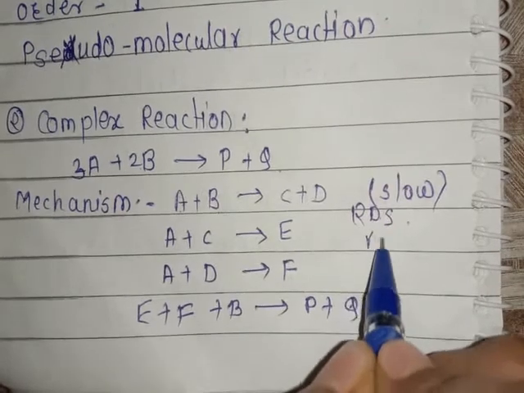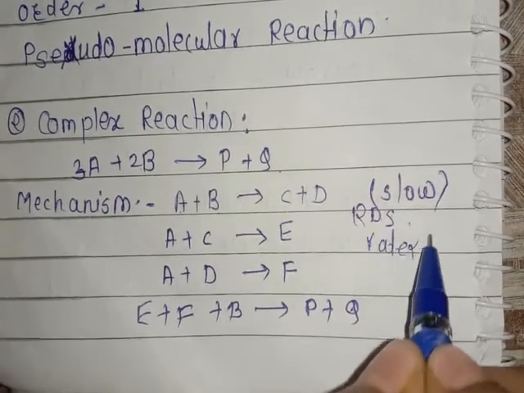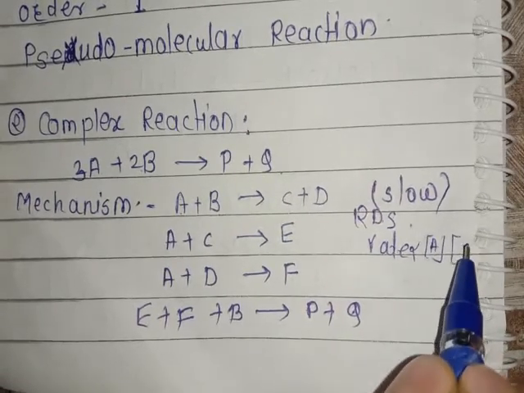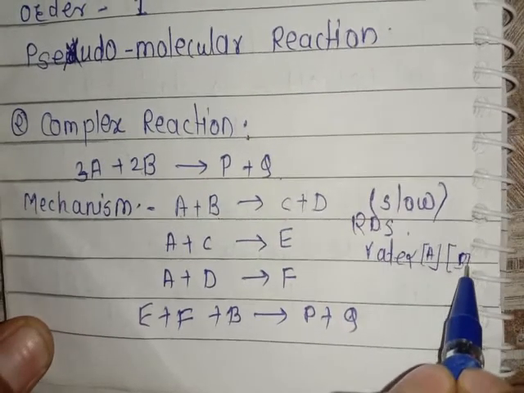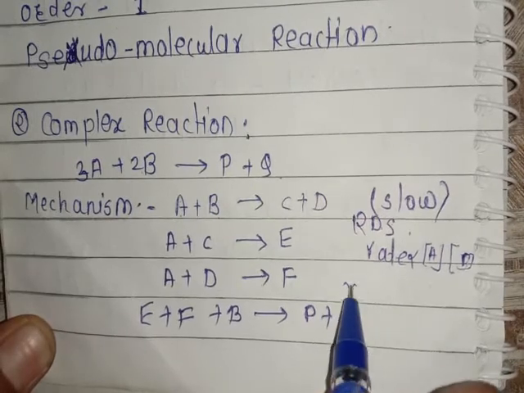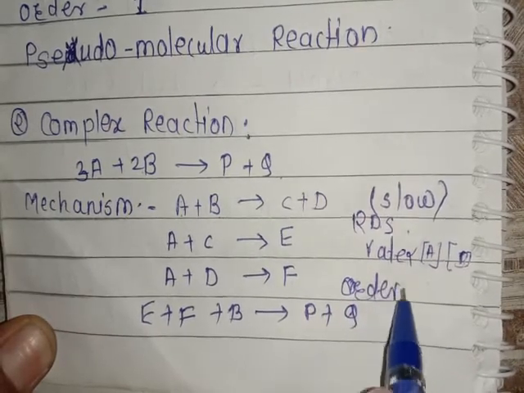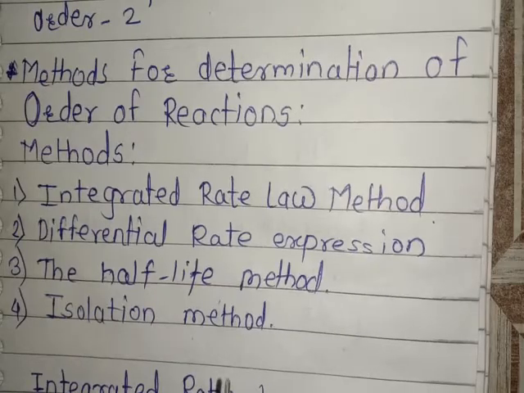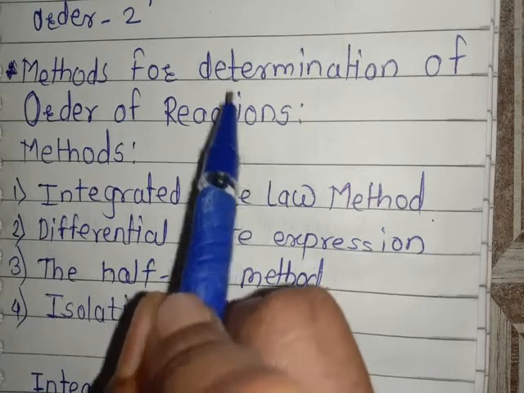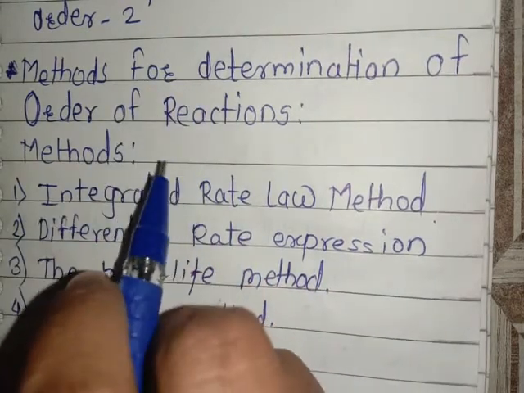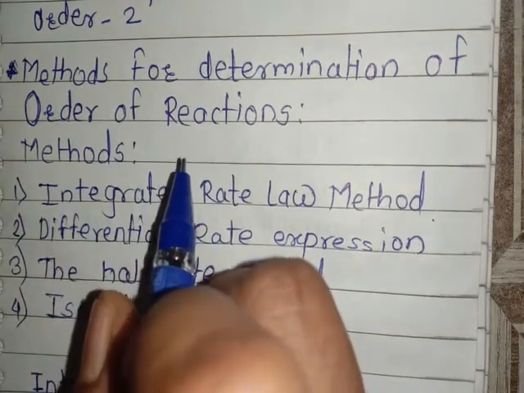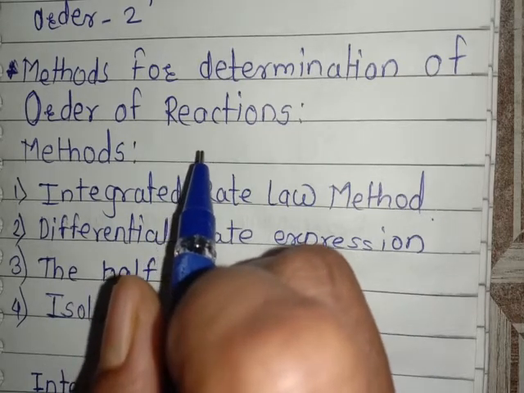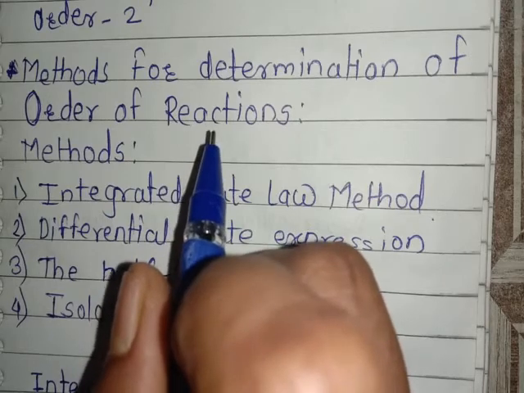So what can we write? Rate is directly proportional to concentration of A and concentration of B. So here the order is 2. Up to this point, we have the idea of what order of reaction is. Order of reaction is the sum of all the exponents present in the rate law equation.